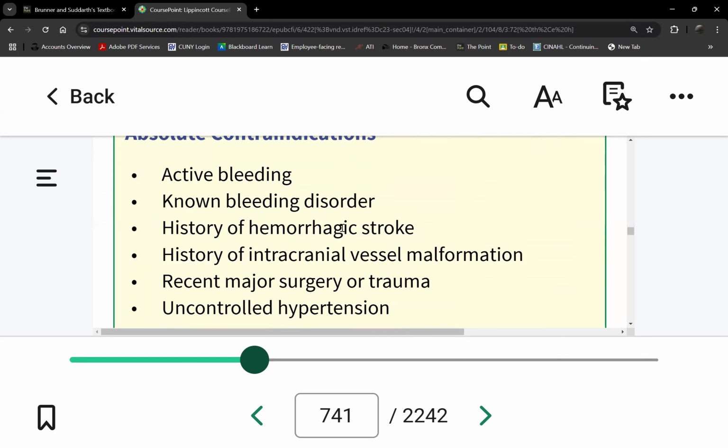These are absolute contraindications. Patient Unique cannot receive alteplase if she has any of the following: active bleeding, again, except menstruation. Menstruation is safe.